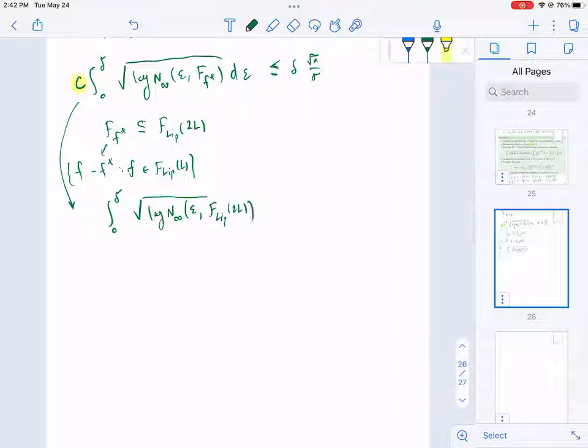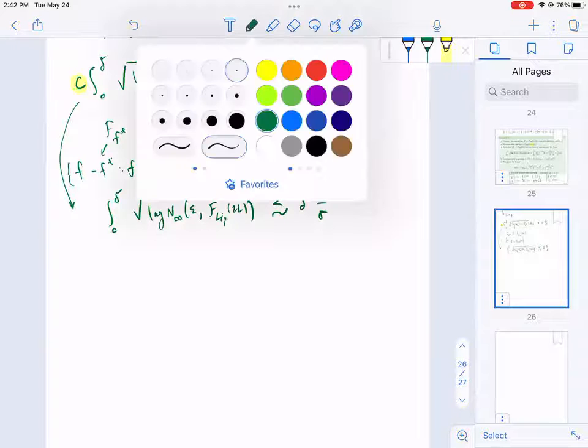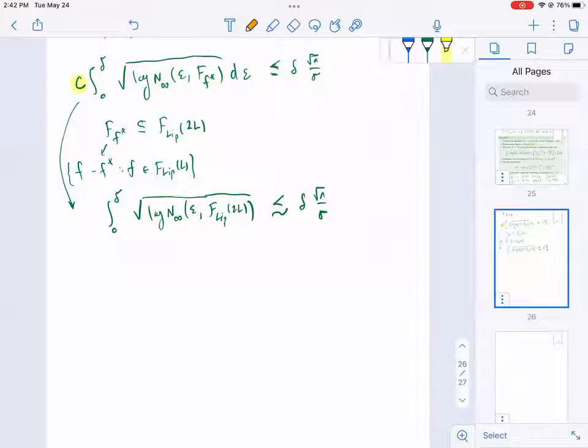This is an upper bound. Whenever you put an upper bound, it's going to work. I'm going to put this up to constants, I want it to be delta root n over sigma. Now I have an upper bound on this side. Up to constants it is L over epsilon. You can see once you don't worry about constants, things become simpler. So that's our bound.